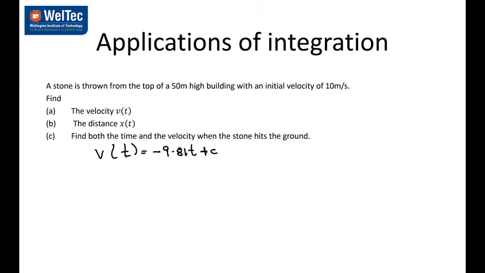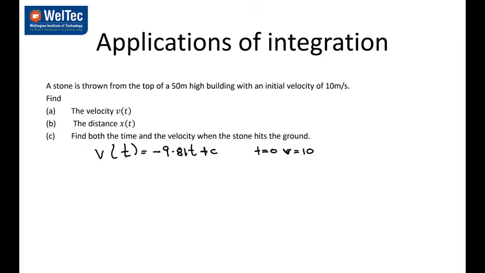Now, what do we know? We know that when t equals 0, v equals 10. So we can put 10 equal to negative 9.81 t plus c.